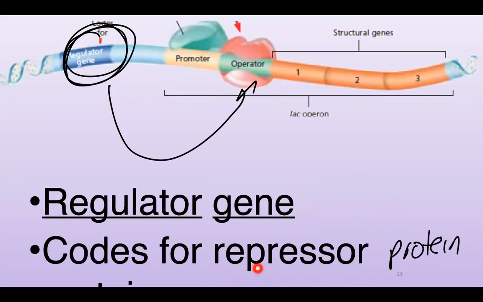Repress means to prevent from happening, to slow down or stop. And so the repressor protein sits on top of the operator and physically blocks RNA polymerase. Even if RNA polymerase binds to the promoter, it cannot move forward and transcribe those structural genes. So it's like a physical roadblock.